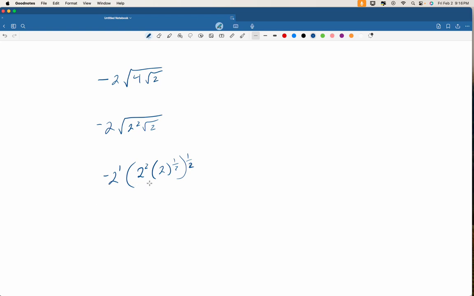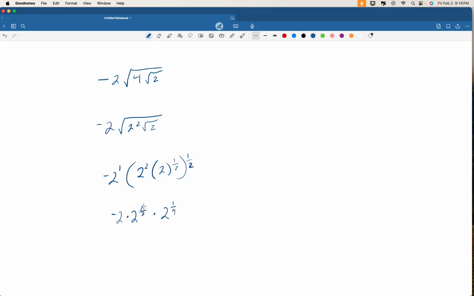Yeah, that's right. Okay, so negative, this stays here, so that's -2. And then we have times 2 over 2 times 2 over 1/4.